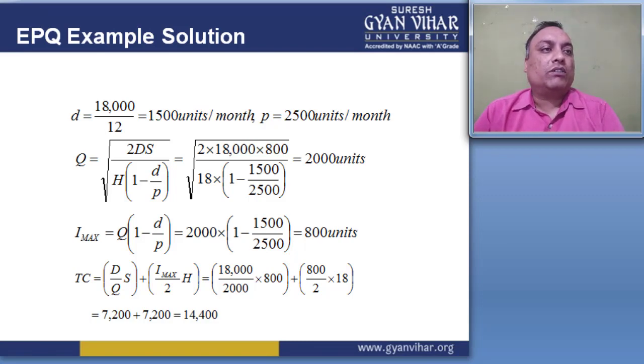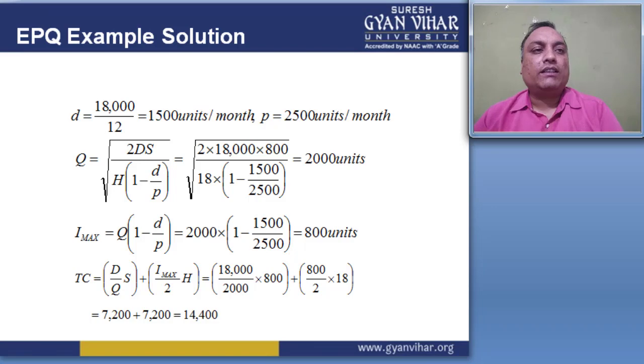So the total cost, you already know the formula: total cost equals D by Q into S plus I max divided by 2 into H. This is equal to 18,000 divided by 2000 into 800 plus 800 by 2 into 18.